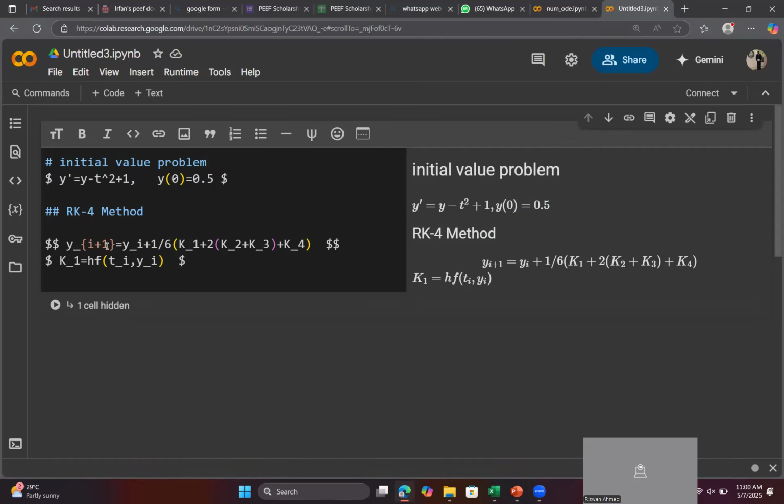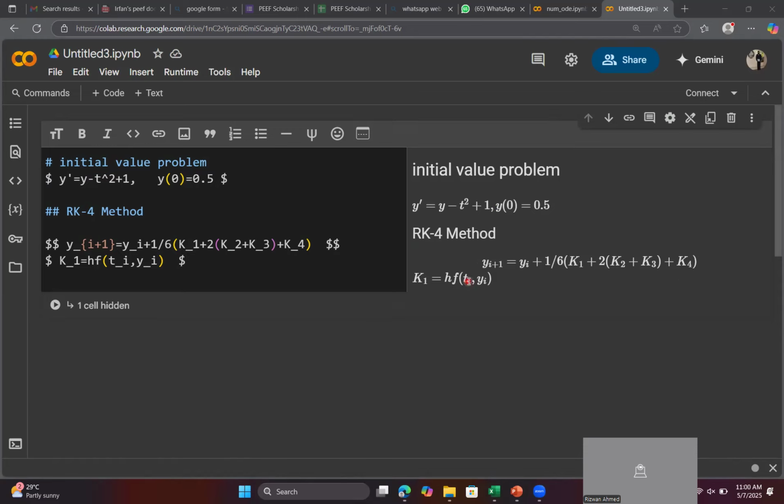The RK4 method generates the estimate at the next point, from i to i plus 1, with this equation. It reads y i plus 1 equals y i, the value of y at the previous step, plus 1 by 6 times k1, which is the first RK constant, and then 2 times k2, 2 times k3, plus k4.